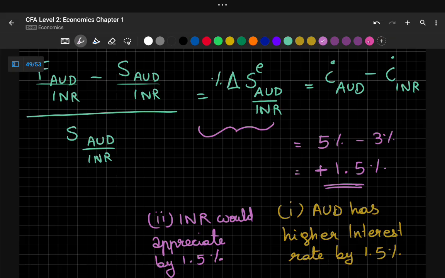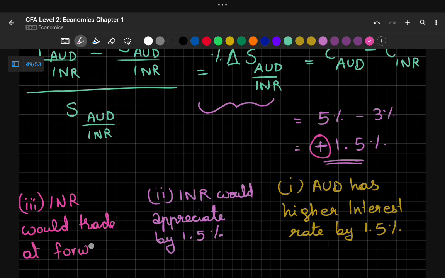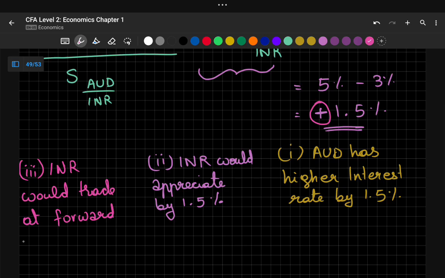And now the third part, from the covered interest rate parity side for our forward rate parity condition: because this is positive, INR would trade at a forward premium equal to 1.5%.